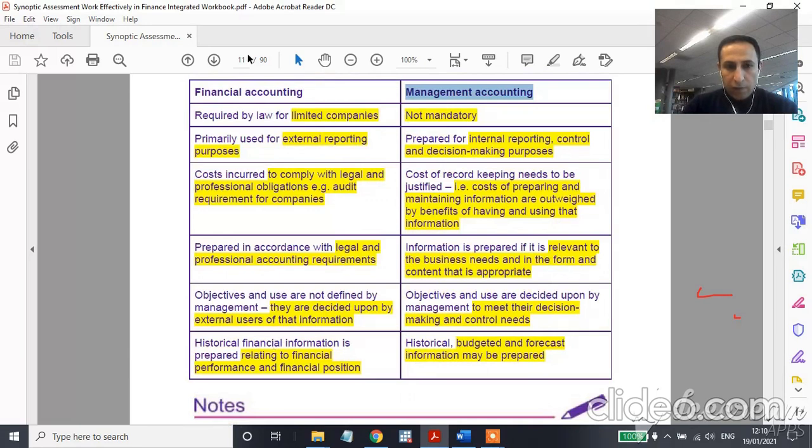For example, another responsibility of financial accounting is that they focus on historical financial information in order to prepare the statement of profit and loss and the statement of financial position. So it is necessary to have past, historical information, for example last year's revenue, how much it was, and revenue in the past 5 years.